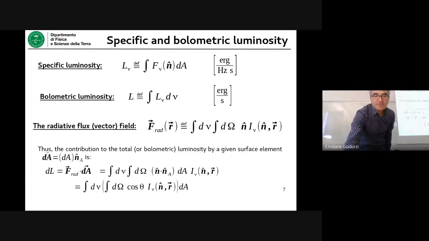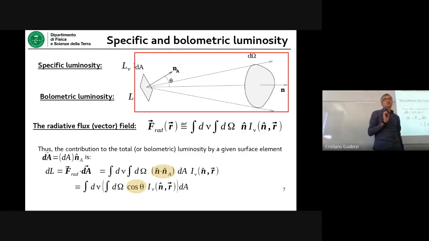This is theta. If you have in mind this drawing, you are integrating over the entire sky, so theta changes, but theta is the angle between the fixed direction given by the orientation of the surface and the generic direction. That's exactly what we call theta.